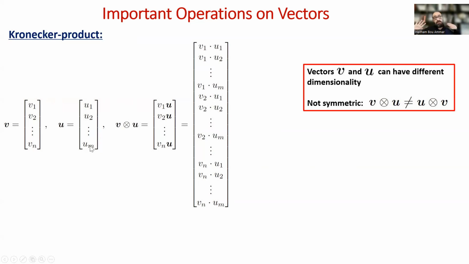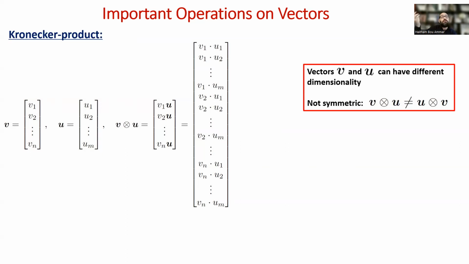I'm working in n for vector v and in m for vector u, so n does not have to be equal to m. It can be, but does not have to be.